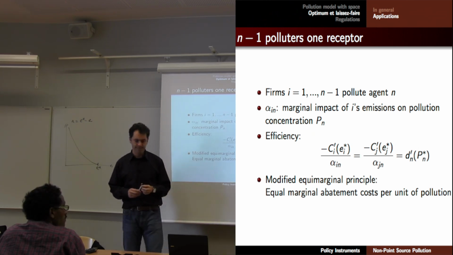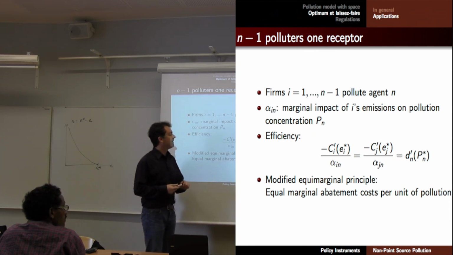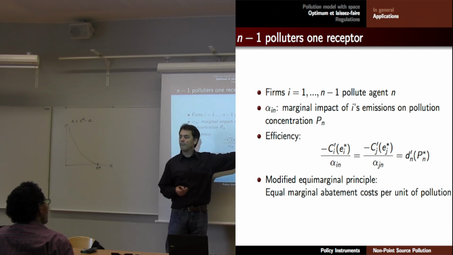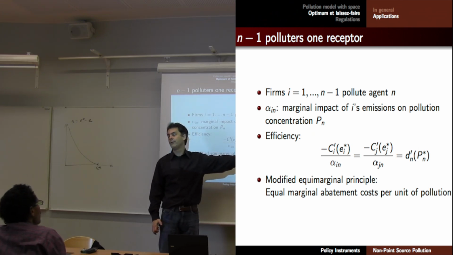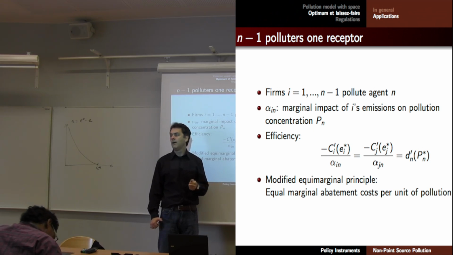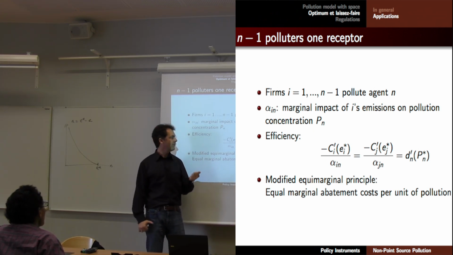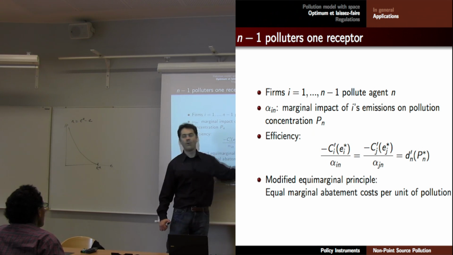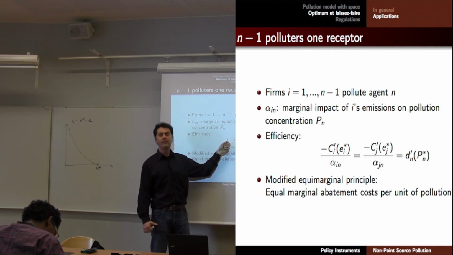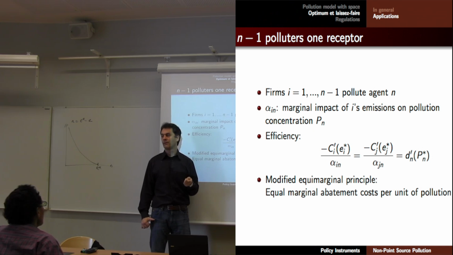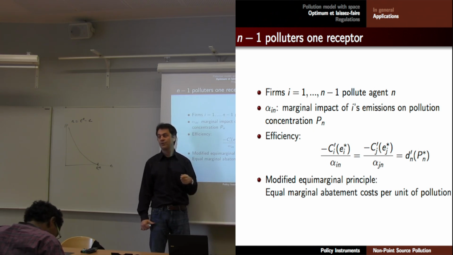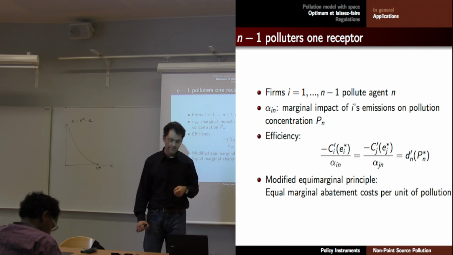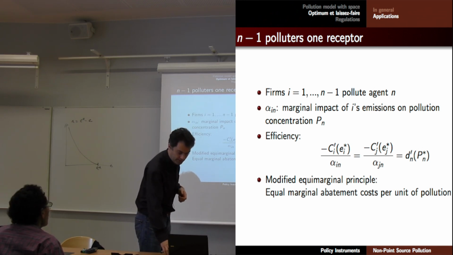That can be done, for instance, by taxing pollution at N. But then you should trace back for each unit of pollution at N how much is emitted by each source of pollution, by agent I and agent J and so on. That will be the difficult part.